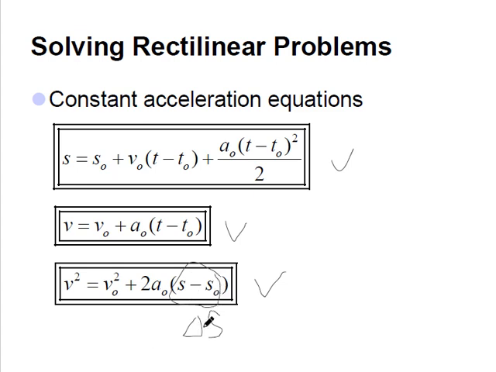So sometimes you're going to see this instead of that, okay. This one is a delta t, that one is also delta t. This is delta t. So that's another way that you can write it. Some textbooks are going to trick you. Instead of writing this way, they're going to abbreviate that way, but it's the same constant acceleration equations anyway.